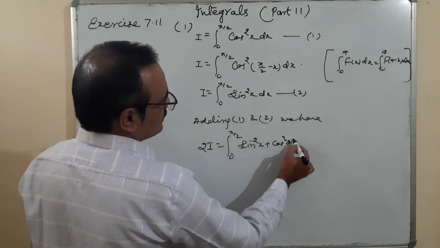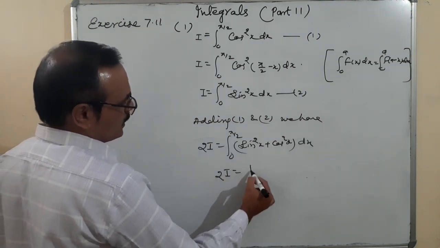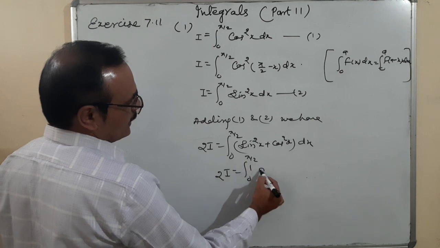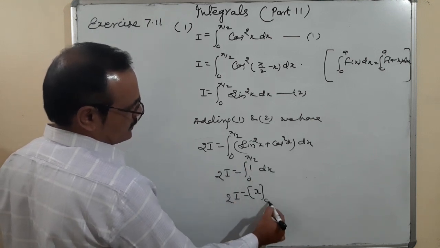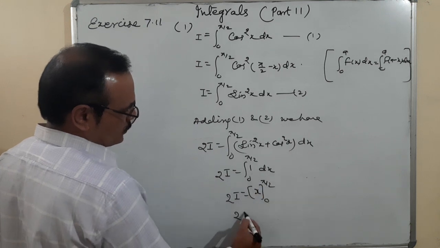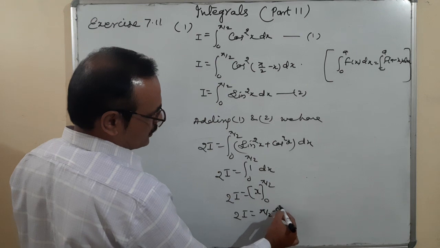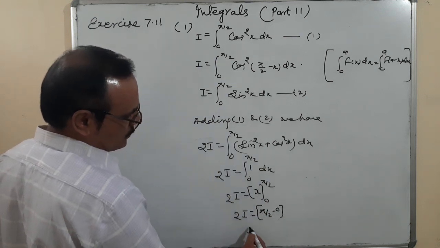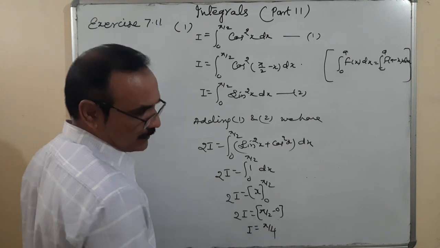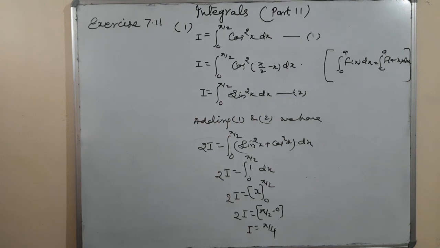So what is the value of this? 1. So 2i is equal to 0 to pi by 2 of 1 dx. What is the integration of 1? x, from 0 to pi by 2. So 2i is equal to upper limit minus lower limit, pi by 2 minus 0, in place of x. So 2i is equal to pi by 2, I is equal to pi by 4.